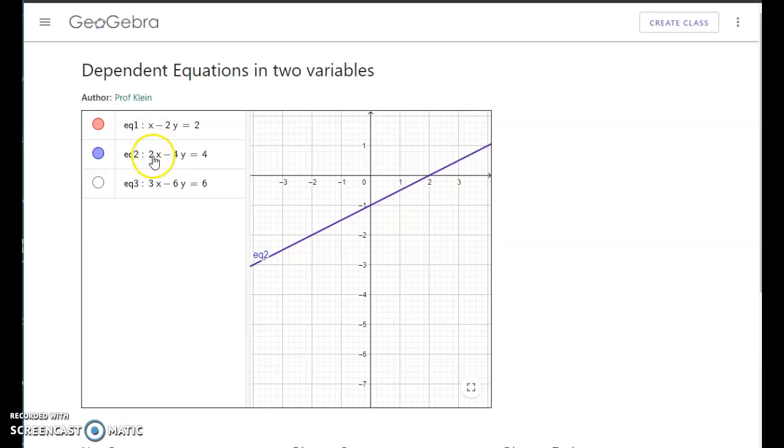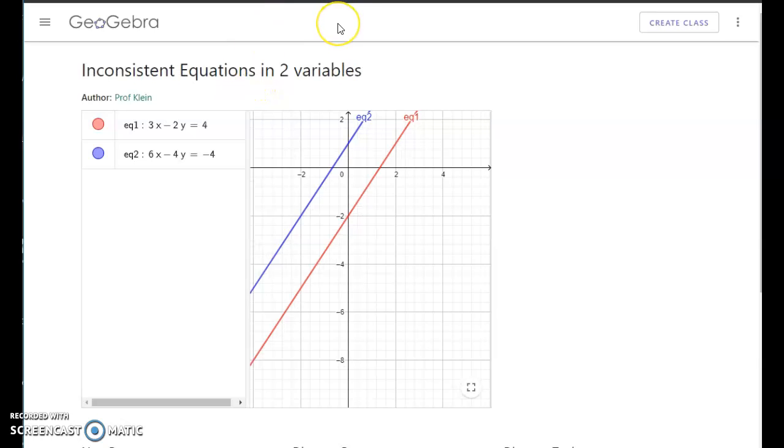If I add these two, so 1x plus 2x is 3x, etc., I get this equation, and that is also the same line. This equation is dependent on these. And so there's an infinite number of solutions. That's what we mean when there's dependence, right?